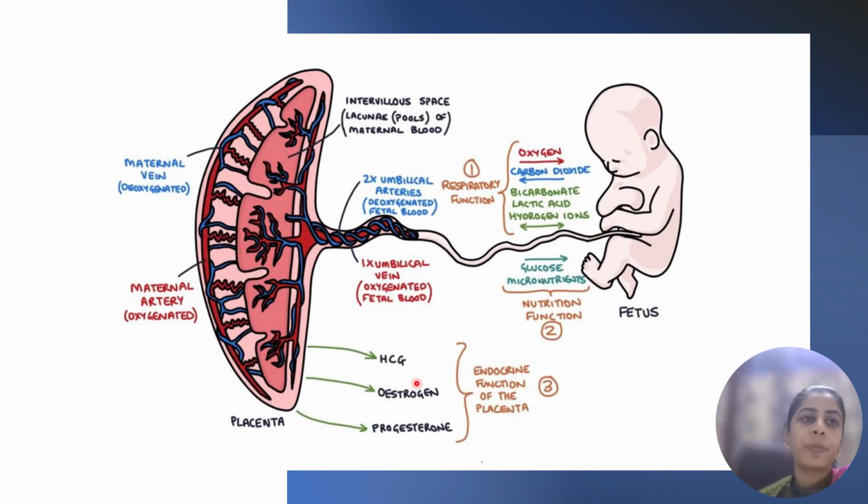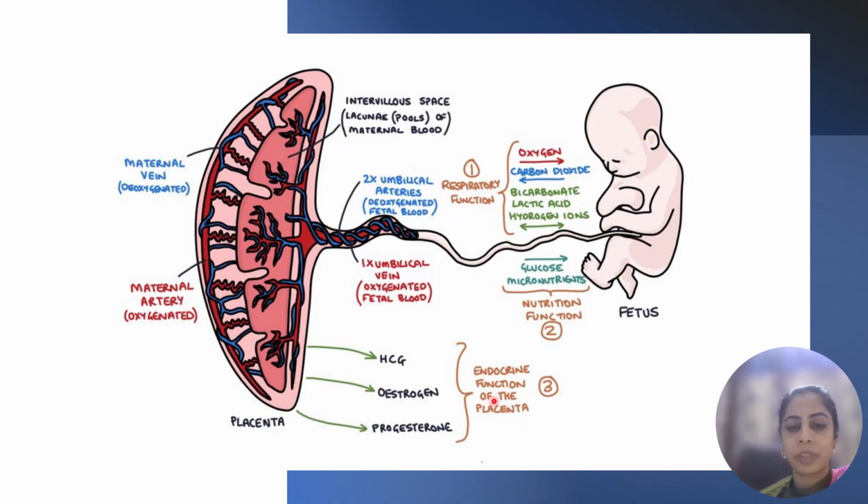And also estrogen and progesterone, these hormones keep the lining of the womb thick and healthy, so the baby has a safe place to grow. So with this function, the placenta is also a hormone factory. It produces chemicals that tell the mother's body to stay pregnant and prepare for the delivery.